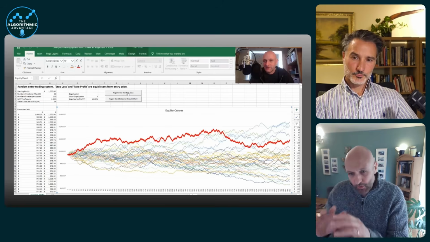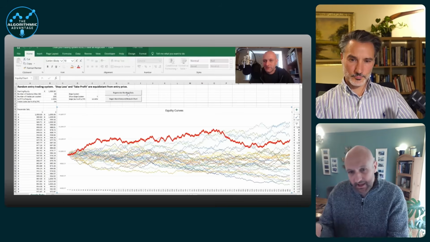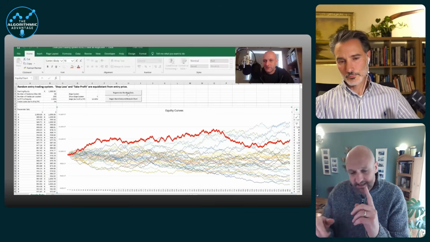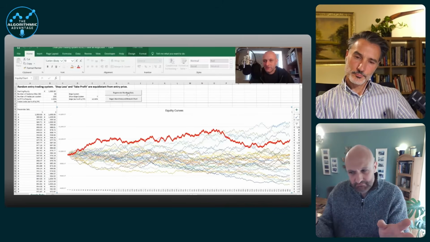For all of the other permutations I was looking at, it was 50-50. It was completely random. So the red line that you see here is a simulated backtest using that 10% edge.